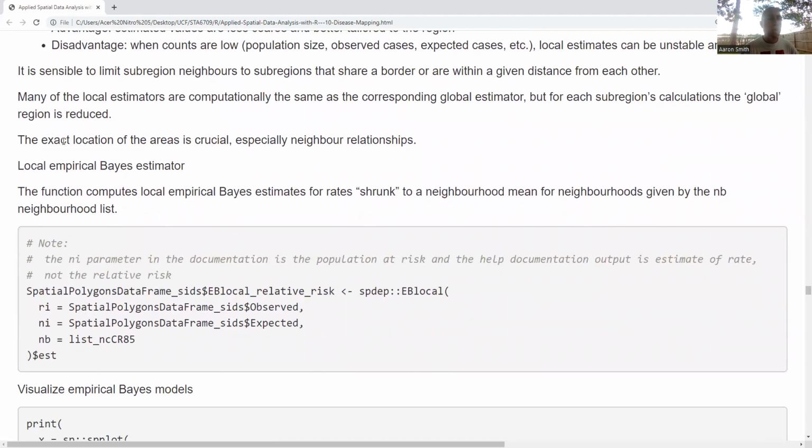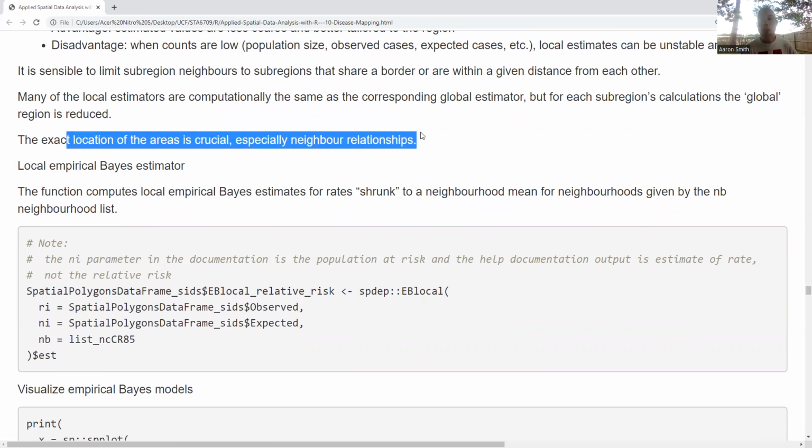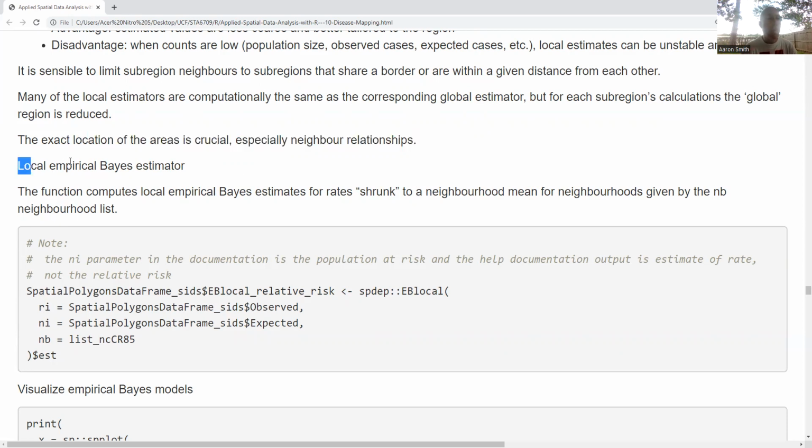It's absolutely critical that we get location and neighbors right in these types of calculations. If I mess up my neighbor choices, I mess up my entire model. Garbage in, garbage out. It's especially sensitive to the choice of which regions neighbor which other regions. So let's go ahead and do a local empirical Bayes estimator.